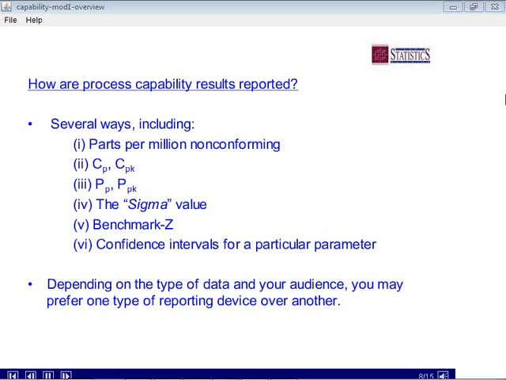If the audience is of a more engineering background, I would hazard a guess that they would be more familiar with CP and CPK estimates. So there's no one particular reporting device that is the best one can choose. It's always good to use your best judgment in this regard.